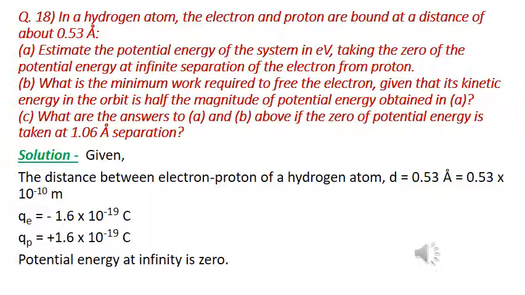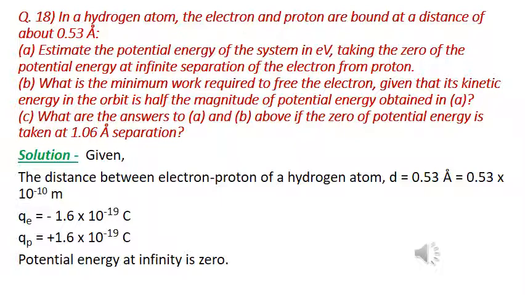They are at a fixed distance, and we have to estimate in part A the potential energy of the system in electron volt, by considering zero potential energy at infinite separation of the electron from proton.